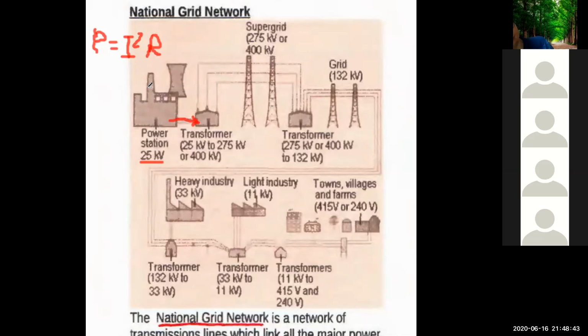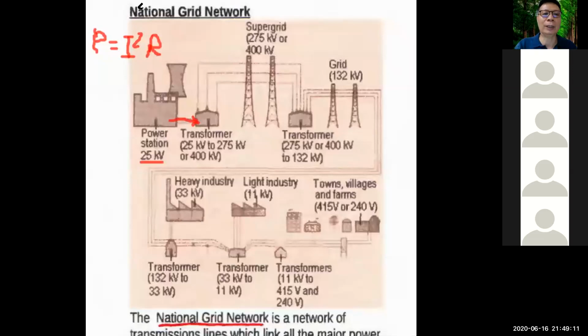So there's a system connecting all the power stations in the country. We call it the National Grid Network. So all the power stations from Terengganu, Pahang, Johor, Malacca, Kedah, they join up to form a network.